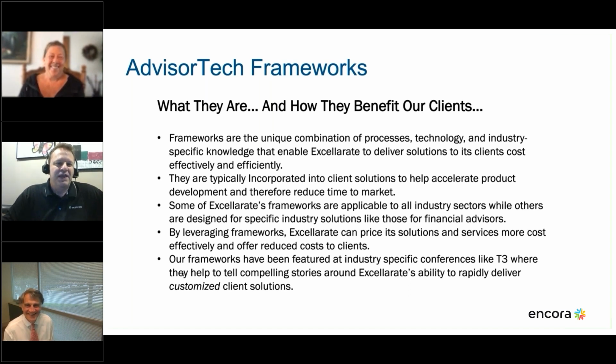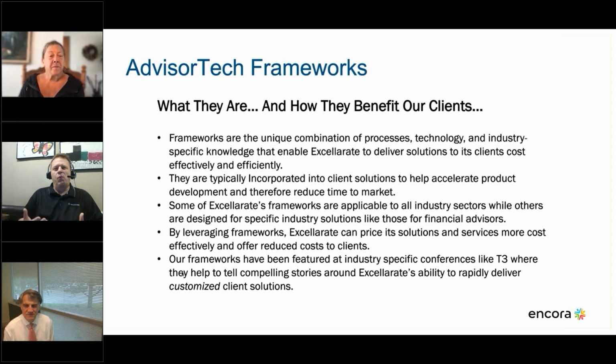In any case, so advisor tech frameworks, right? This is the essence of what Accelerate has done for the financial advisory arena, in that we are building out solutions that we essentially hope will accelerate the development process.